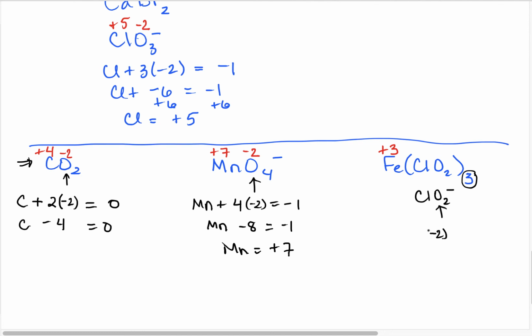So we have 2 -2 oxygens plus a chlorine is equal to -1. So that's Cl - 4 is equal to -1, and this will get us Cl is equal to +3. So we can label that up here, and we're done.